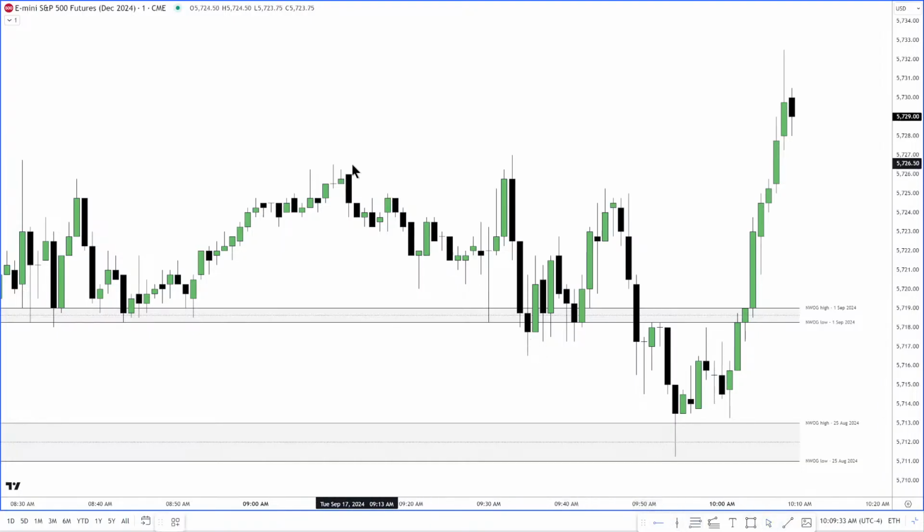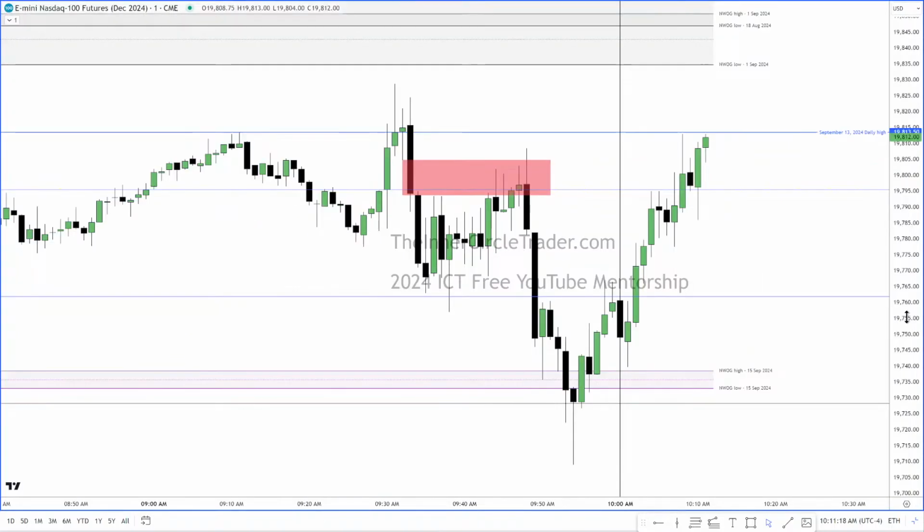Y'all thought you knew SMT? You don't know SMT. Here's the high, and the wick went higher, but what do wicks do? What did I teach you? They do the damage. So this is an SMT divergence because the bodies in the high here are lower than this.